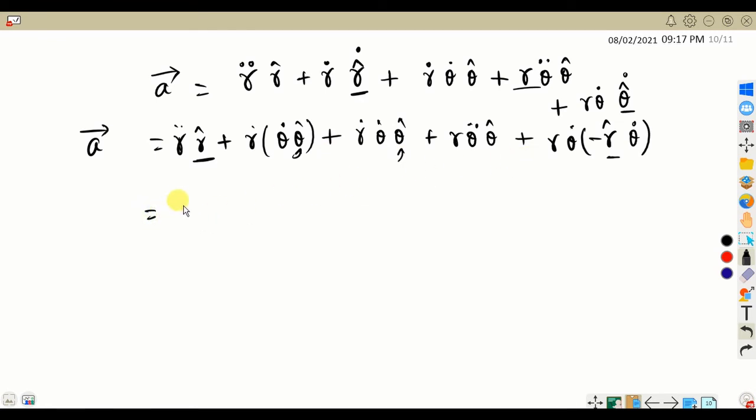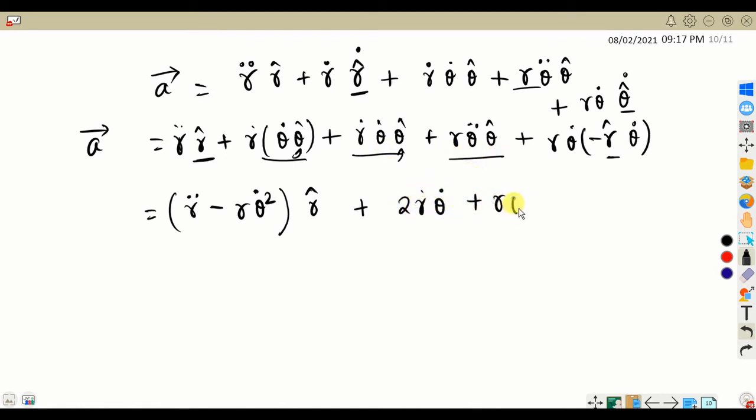It may seem a very big deal, but it is actually not. It is more like r theta dot square in the radial direction plus here we have theta dot theta hat. So 2r dot theta dot plus r theta double dot theta hat.